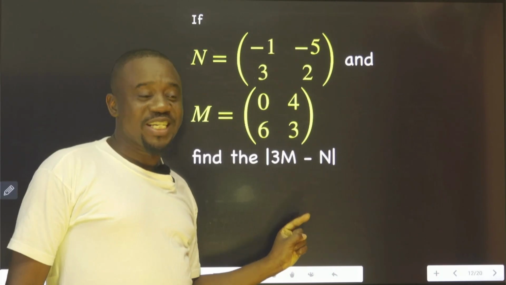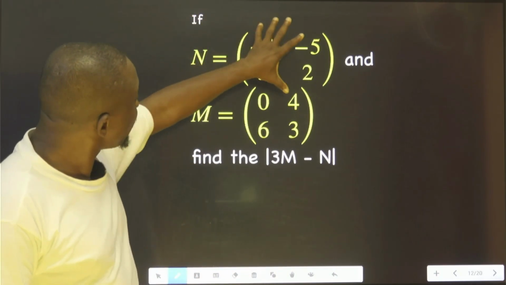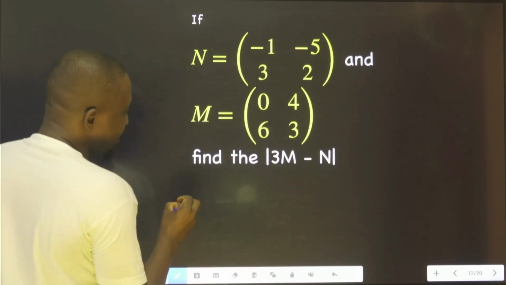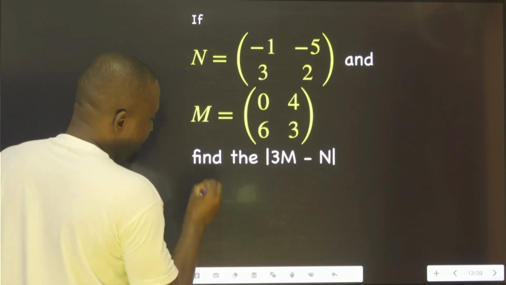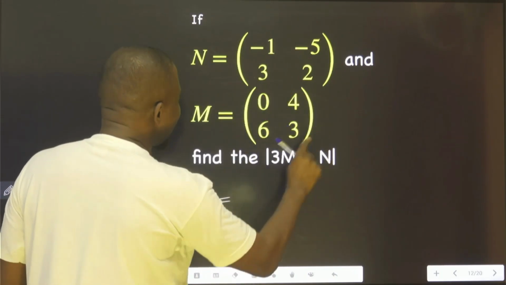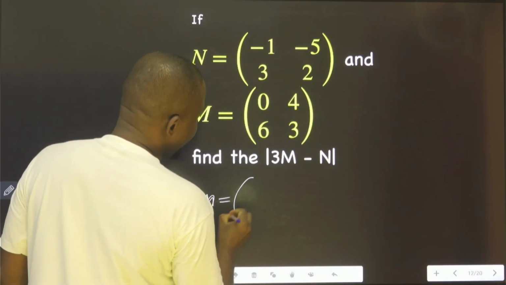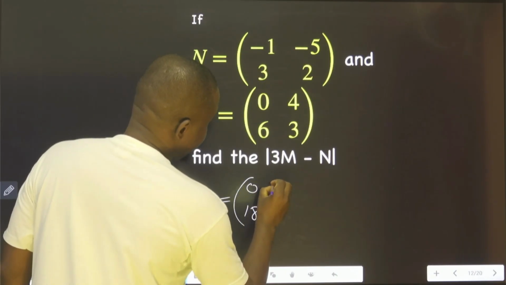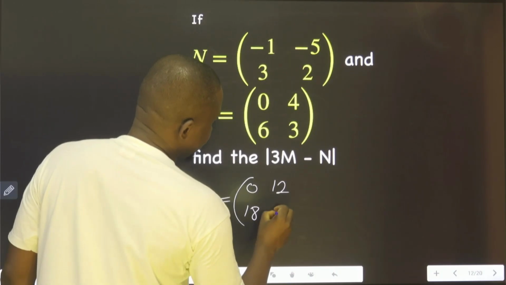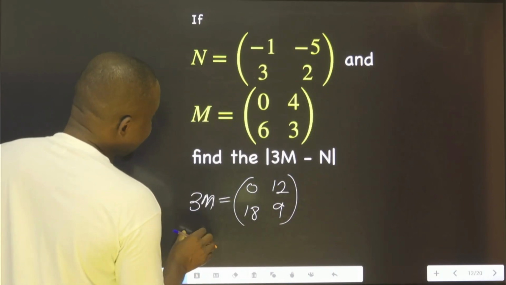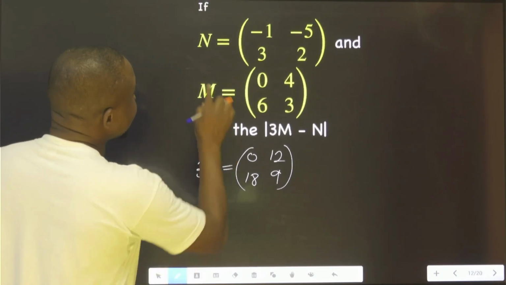Let's work on this. It says if this is equal to this and this is equal to this, we should find this determinant. That is 3m, which is multiply 3 by anything here, which will give us 0, 18, 12, 9. Our n is this.